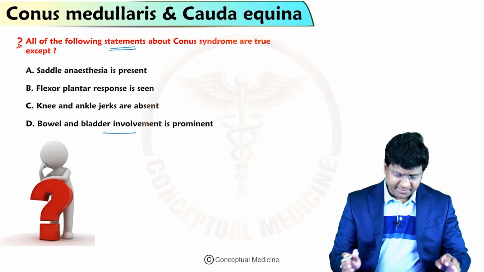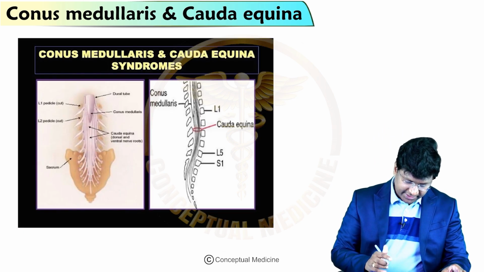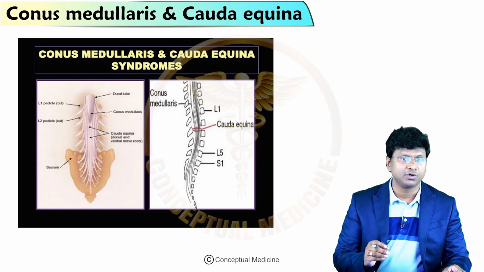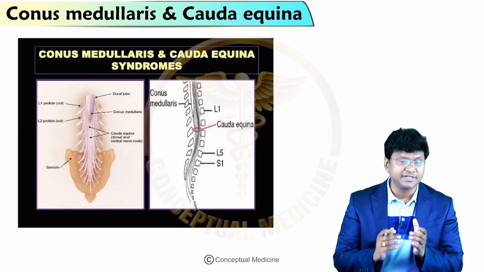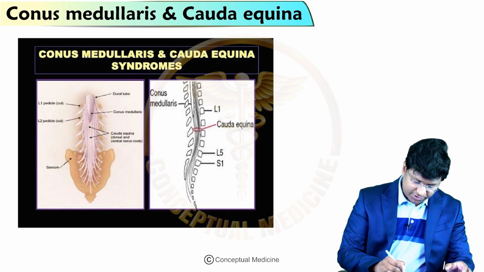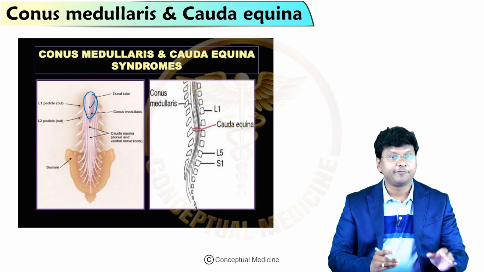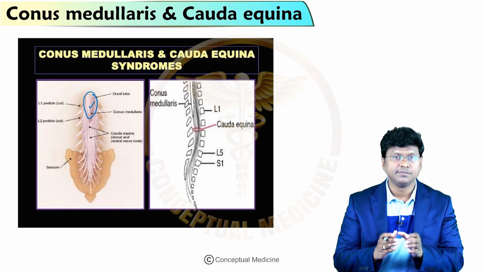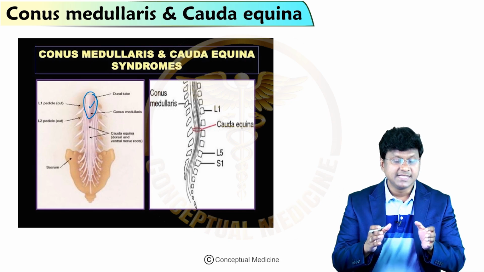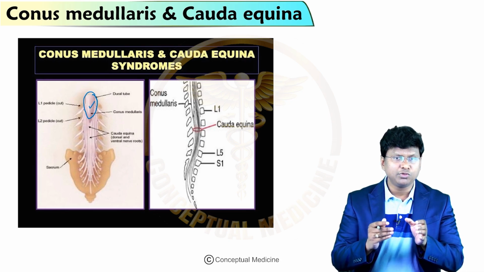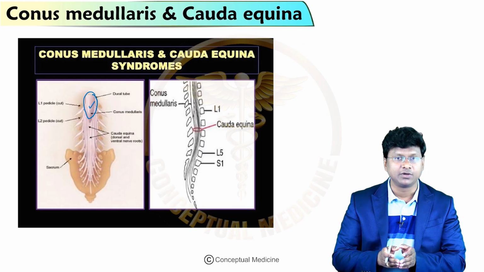First, let me discuss what the conus medullaris is and then the cauda equina. The terminal portion of the spinal cord is bulged, and that bulbous terminal portion is what is called the conus medullaris. From the conus medullaris, you have a bunch of spinal nerves, the lumbar and sacral spinal nerves. Both of them start at the conus medullaris and descend downwards.